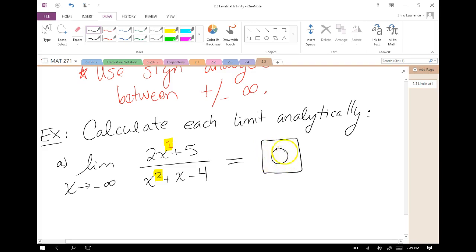Because remember, this is also a horizontal asymptote. Y equals 0 is the x-axis, so that's why I say that. If you want to confirm, we could always take a look at this graph, (2x + 5) over (x squared + x - 4).